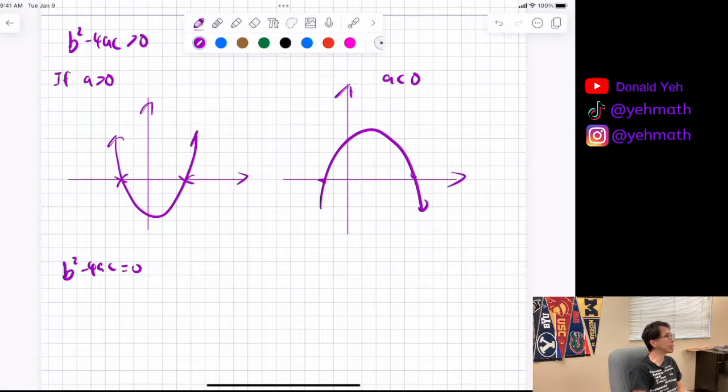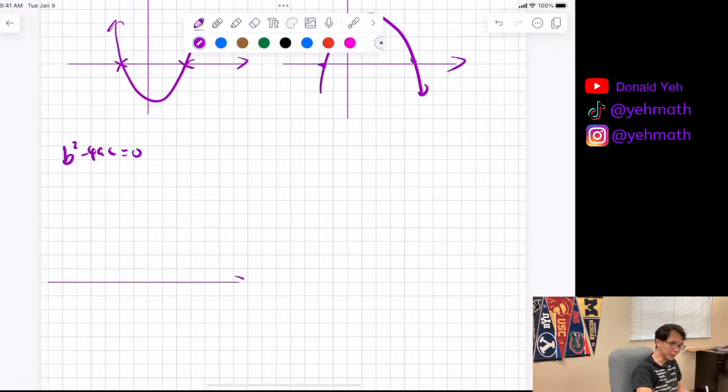Almost. Yes. The x-intercept is on the x-axis? Yes.